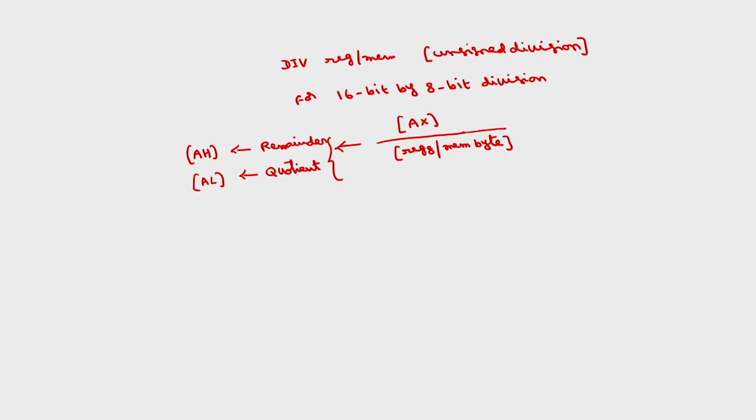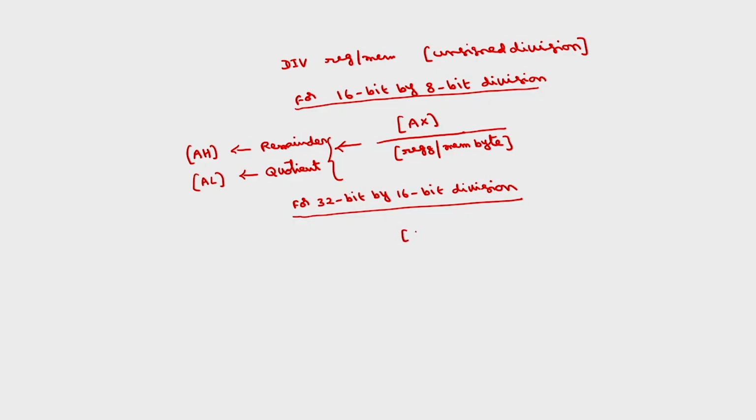Similarly, for 32 bit by 16 bit division, the dividend will be a 32 bit value, which is a combination of two 16 bit registers DX and AX. This is by default.